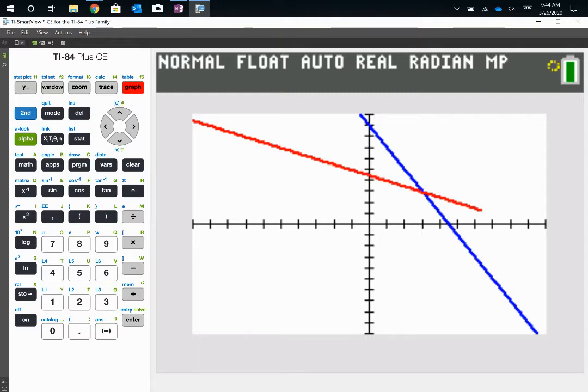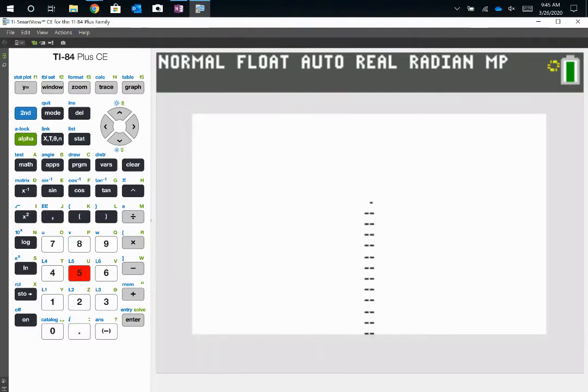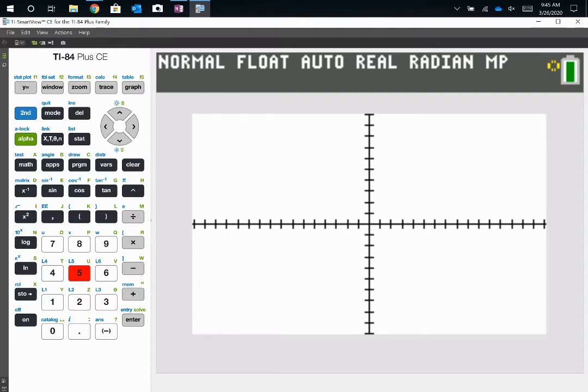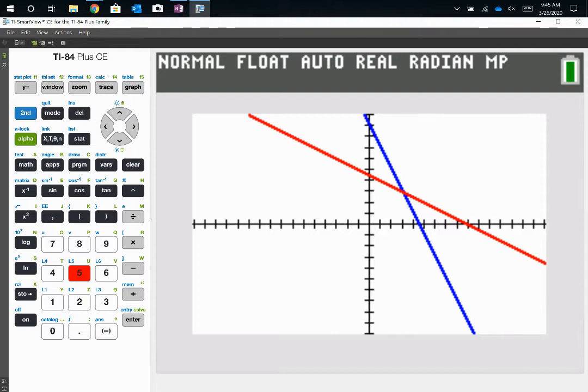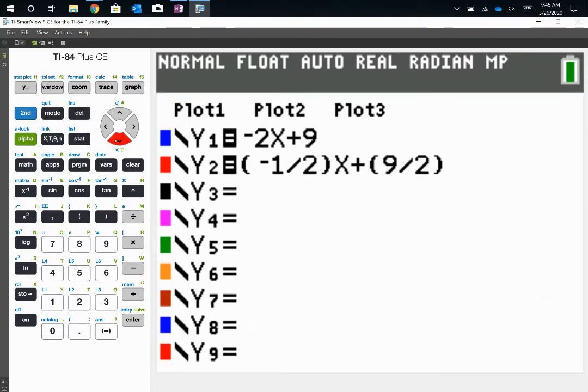Now, because this window is a little distorted, you're not seeing the symmetry, so I'm going to do a zoom square number 5 to try to get a better picture of this, and then I'm going to put in the line y is equal to x.